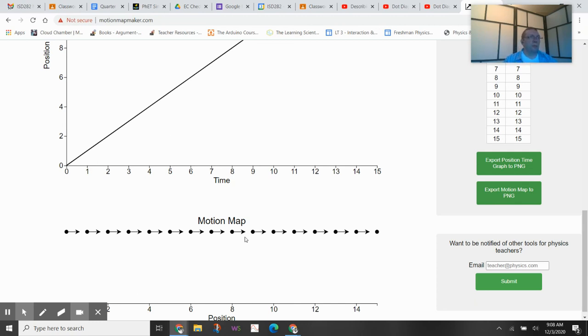So if you imagine a vehicle going down the road and somebody just drops a little beanbag out the window every second, bloop, beanbag, bloop, beanbag, bloop, beanbag. The pattern that those beanbags make are the dots along the side here. And if the dots are nice, evenly spaced, then that means the vehicle or the object is covering the same amount of space every second. So it's nice and uniform like that.